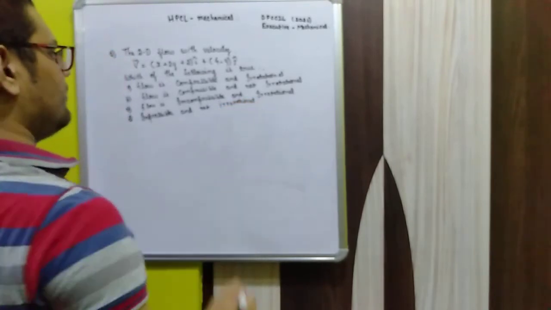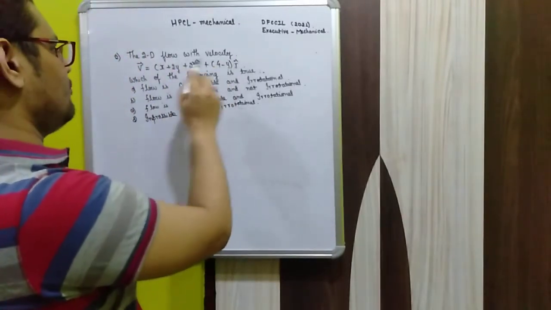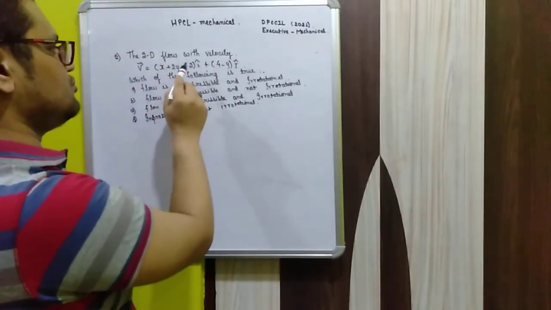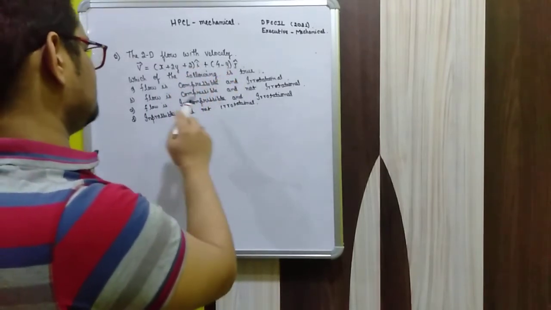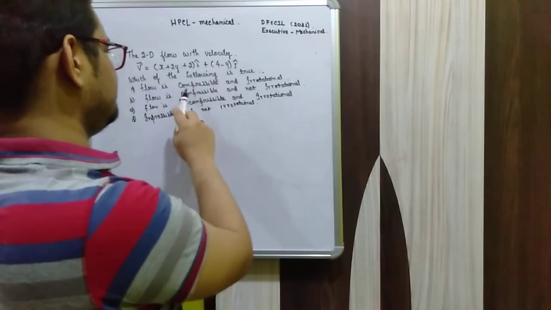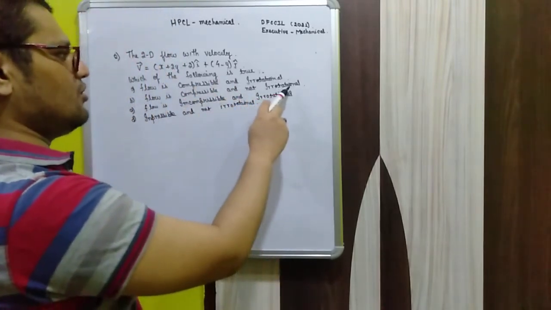So I hope you have understood what the question wants to say. That is the two-dimensional flow. This is the equation V is equal to (x plus 2y plus 2) i cap plus (4 minus y) j cap. So we have to determine which of the options is correct. Is it compressible and irrotational? Is it compressible and not irrotational?